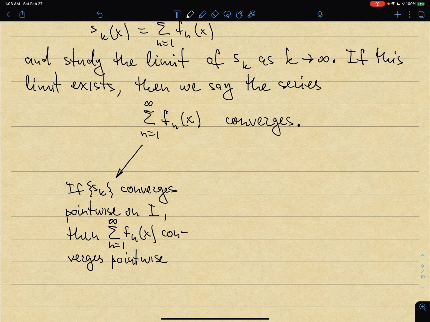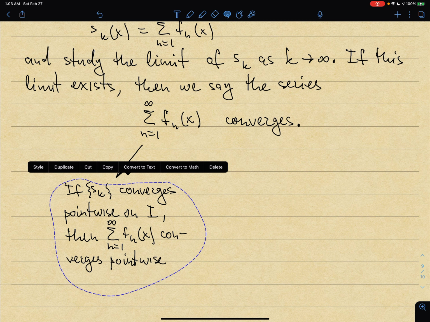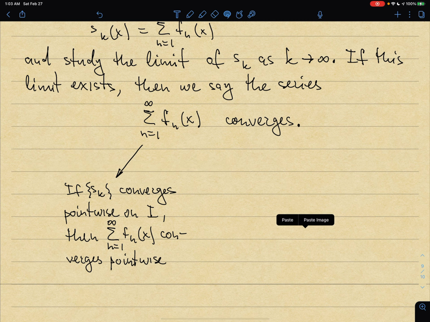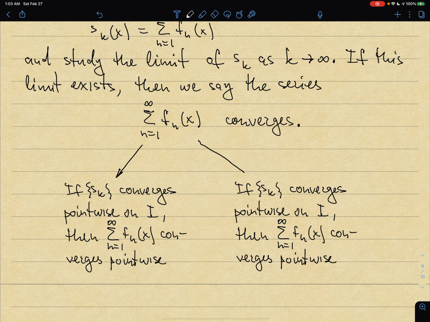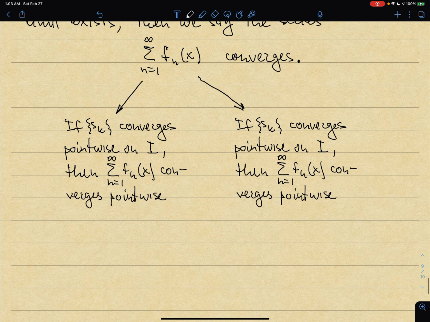And if Sk converges uniformly on I, then of course we would say that the series converges uniformly, right? So two types of convergences. Okay, let me fix this.